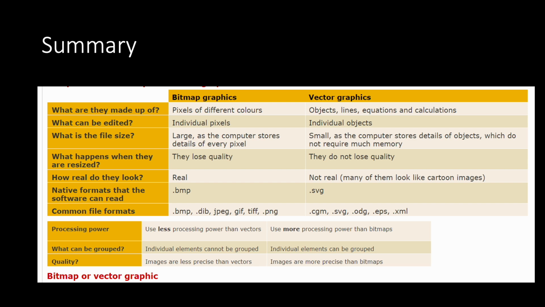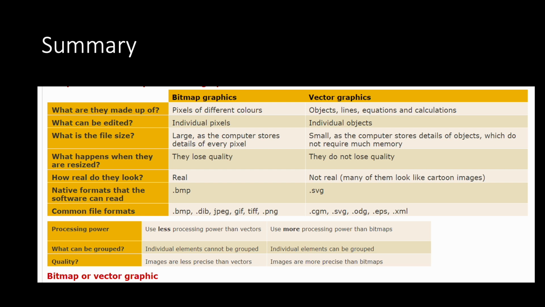For vector graphics, the common format is .svg, and actually .pdf is also vector graphics. For the processing power, bitmap files use less processing power than vectors because the screen is also made up of pixels, and displaying pixel images onto a pixel screen is easier. On the other hand, vector graphics use more processing power than bitmaps, as lines and equations have to be calculated each time we display the image onto the screen.